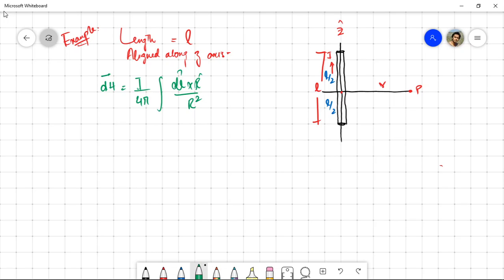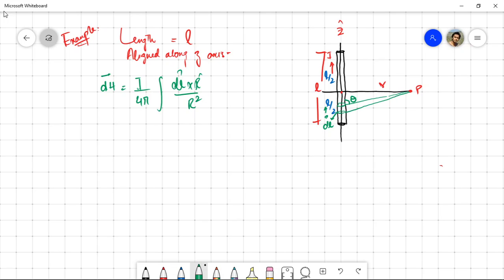So he's saying that let's consider this section and this section. We'll consider that this is dl, and the direction of dl is in the direction of current, as we have talked about earlier. If we draw r from this point, this is r, and from the other point, this is r, and the angle that this is making with the z-axis is theta.